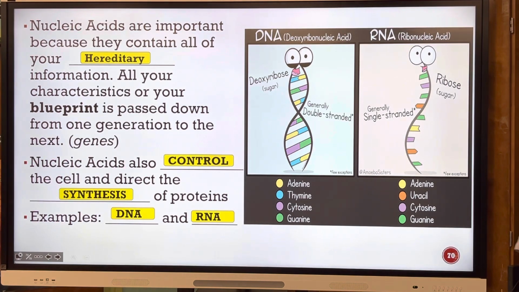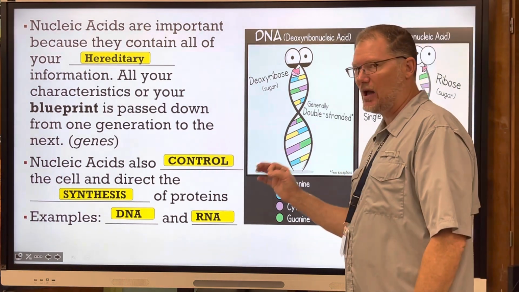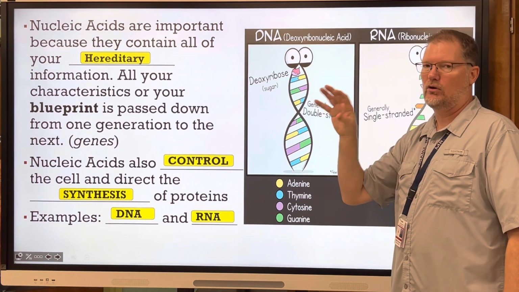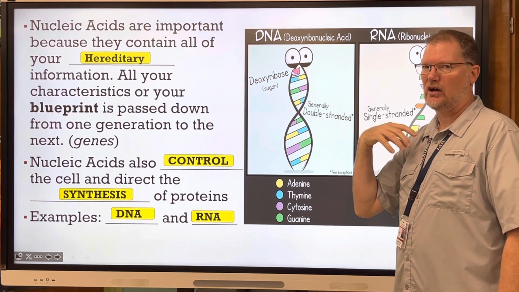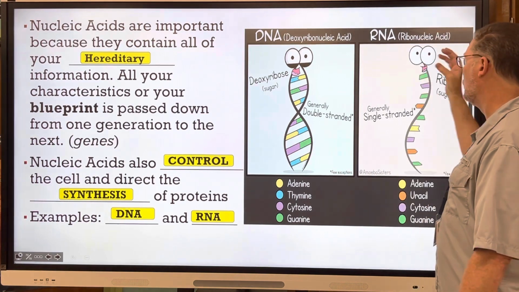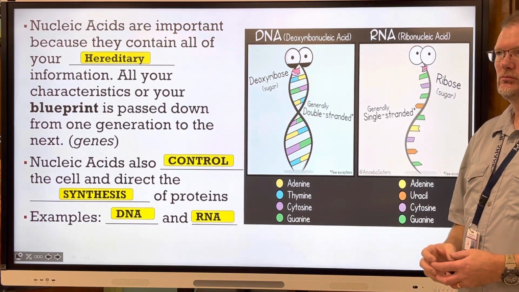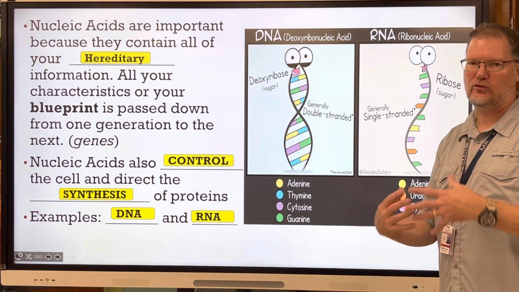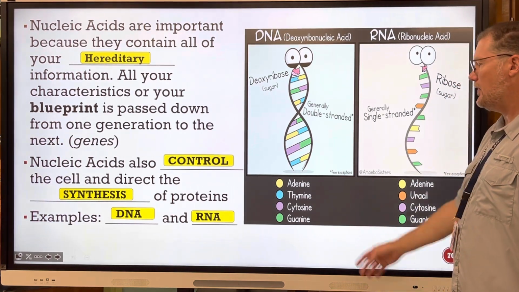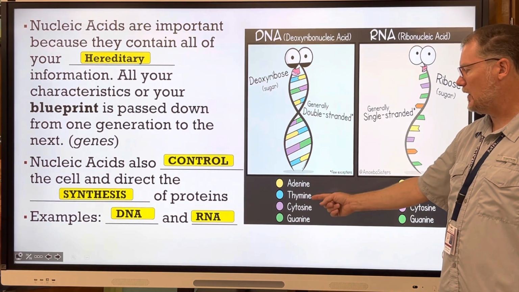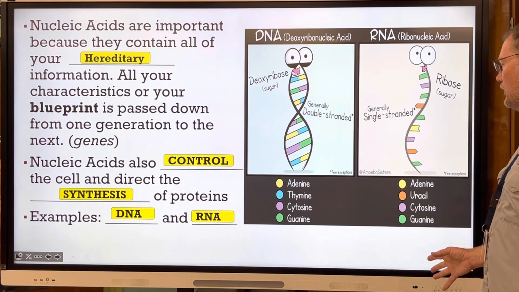DNA and RNA. DNA is deoxyribonucleic acid. Deoxy meaning the oxygen is gone, it's deoxygenated, and ribonucleic acid means that there's some oxygen. That's the difference between that part. And then the bases are different too. You've got adenine, thymine, cytosine, and guanine. We'll talk more about those.